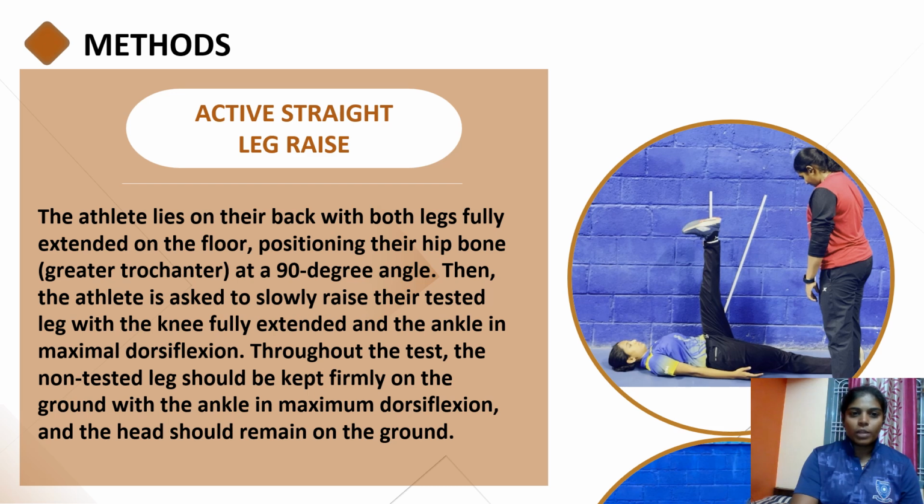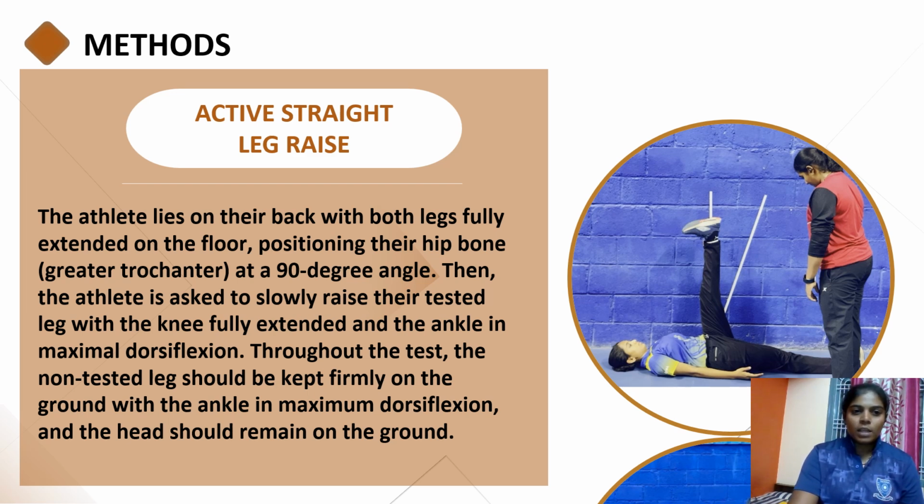Active straight leg raise test. This test is commonly used to measure hamstring flexibility. The test requires a 70 and a 90-degree marked angle on the wall. The athlete lies supine with both legs fully extended on the floor, positioning their hip bone at the 90-degree vertical angle. The athlete slowly raises the tested leg with the knee fully extended and the ankle in maximal dorsiflexion.